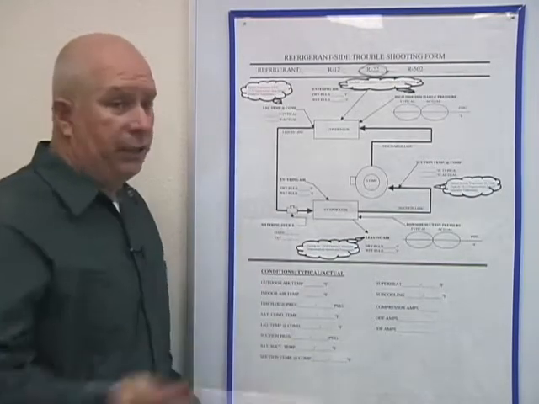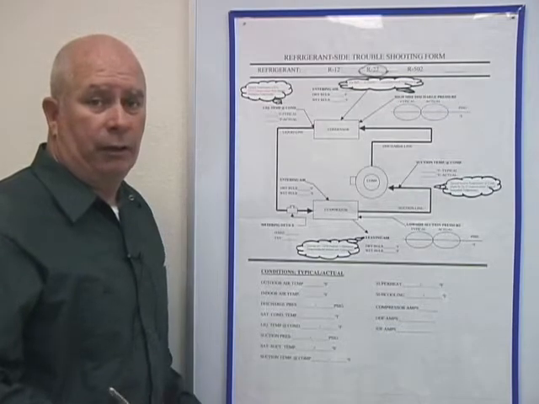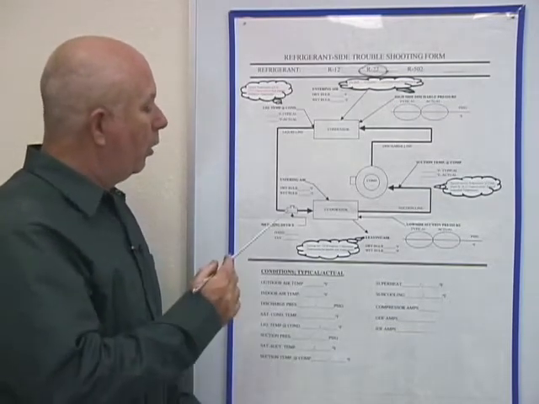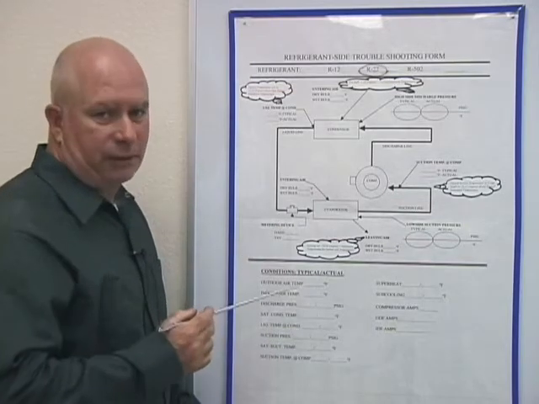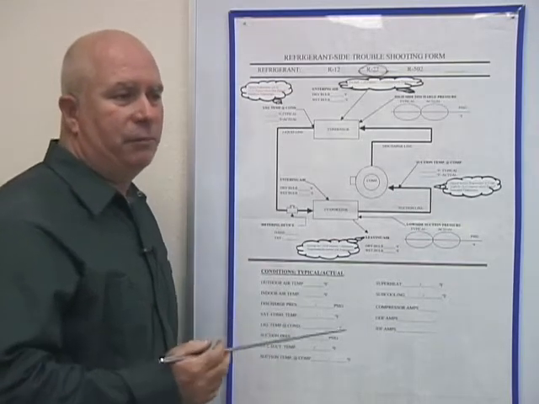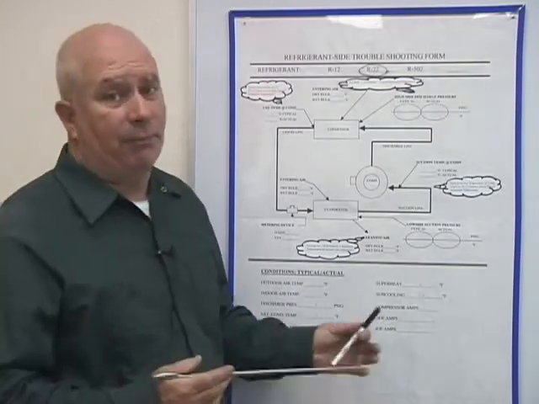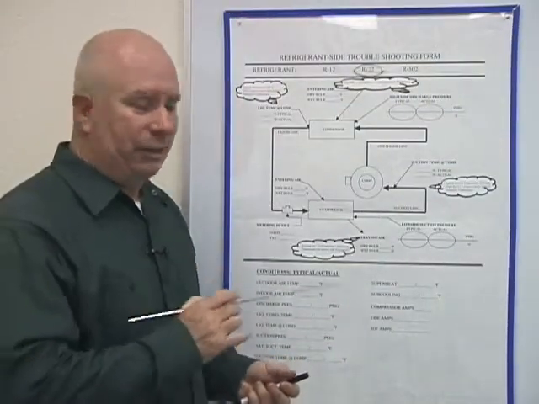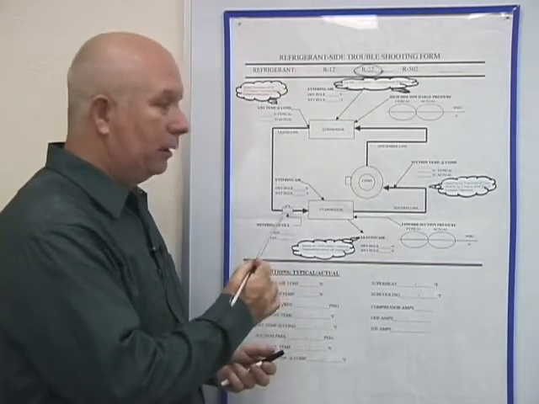It's either going to be a TXV, which you should automatically know, an automatic expansion valve that you're aware of, or it's going to be some sort of fixed metering device. Now that fixed metering device could be anything like a capillary tube or a piston type, which you're not going to see because it's inside that line.